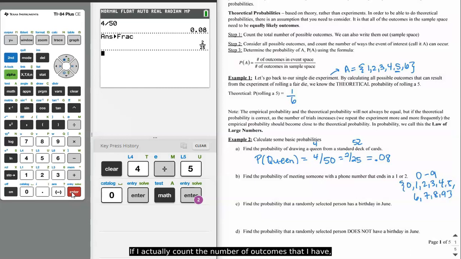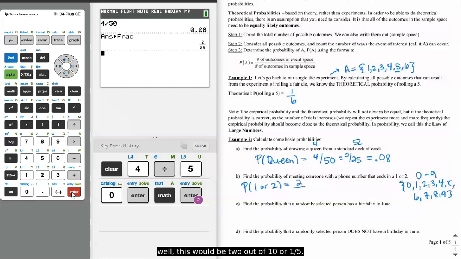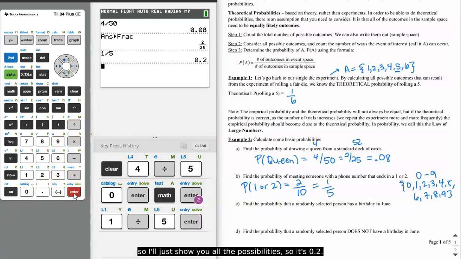If I count the number of outcomes, it would be 10. So there's 10 numbers that are possible that the phone number could end with. So the probability of a 1 or a 2 would be 2 out of 10, or 1/5. Or if it wants it as a decimal, this one doesn't really state, so I'll show you all the possibilities, 0.2.